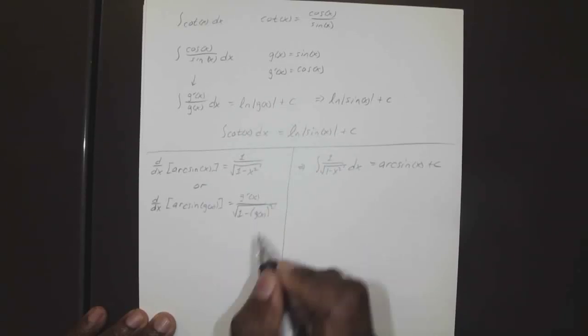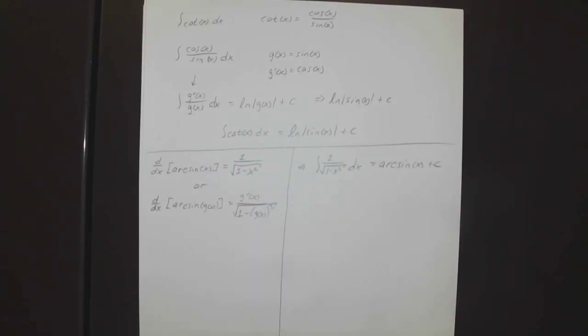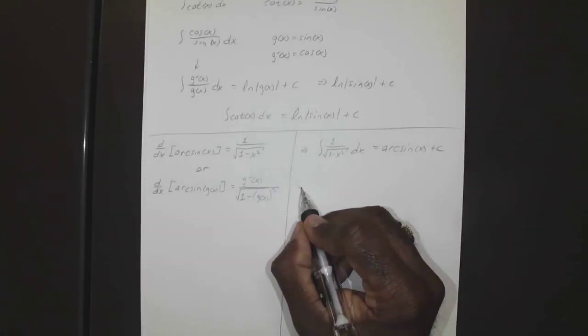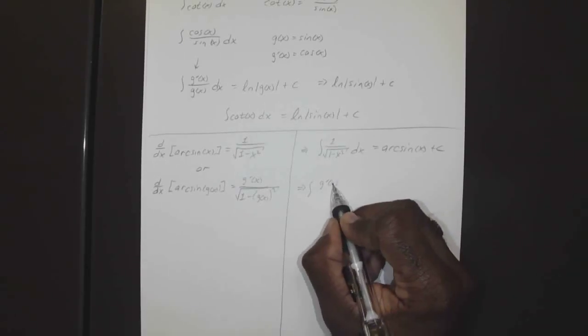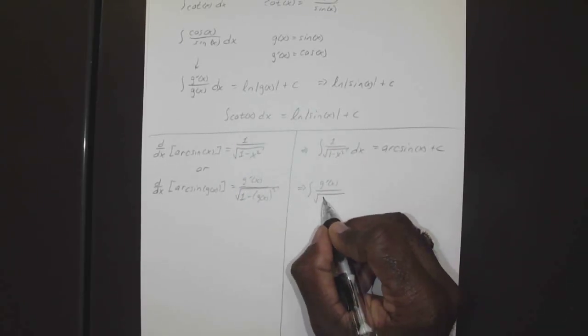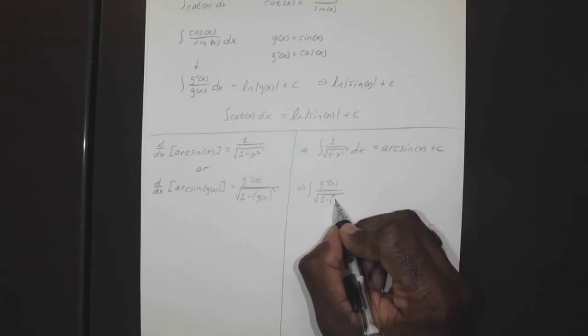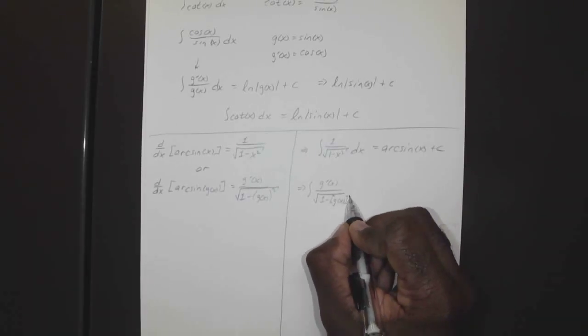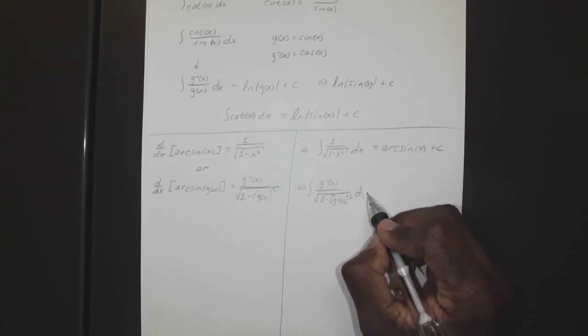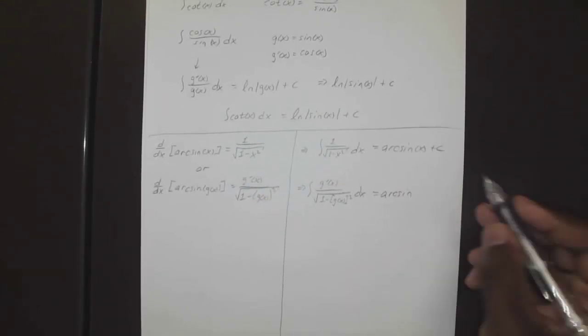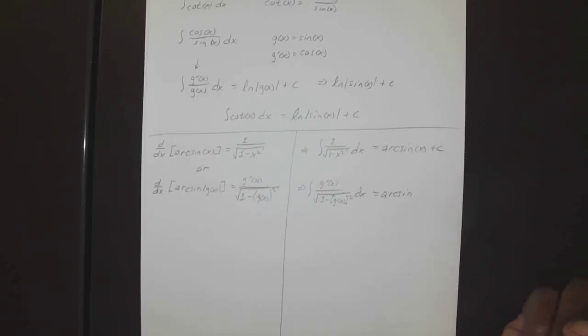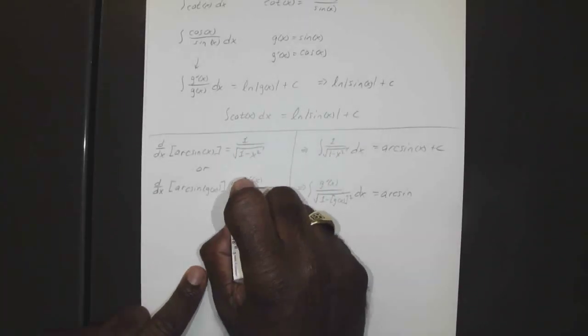So bring that over. Okay, so that means we have the integral of g prime of x over the square root of 1 minus g of x squared with respect to x. That's going to equal arc sine of, actually, let me make sure. Actually, I'm going to alter this just a little bit, because sometimes this isn't always 1.